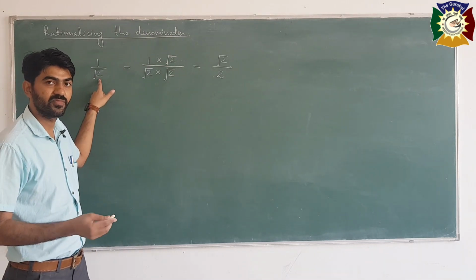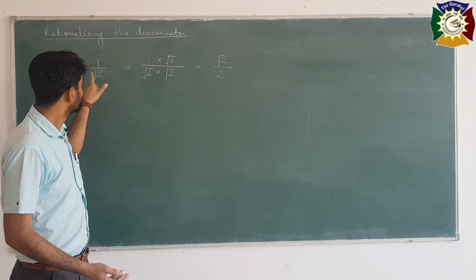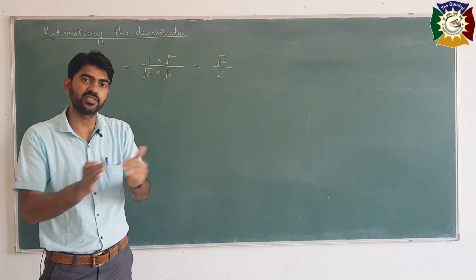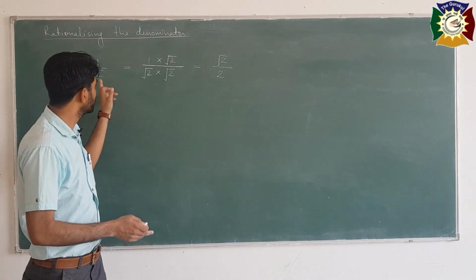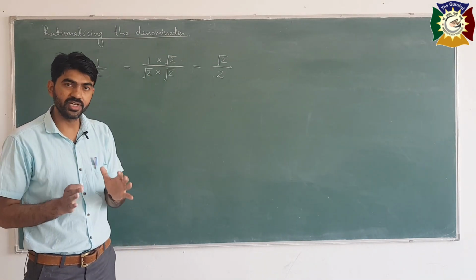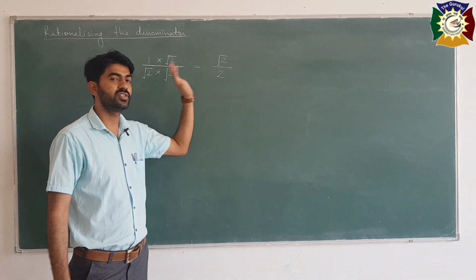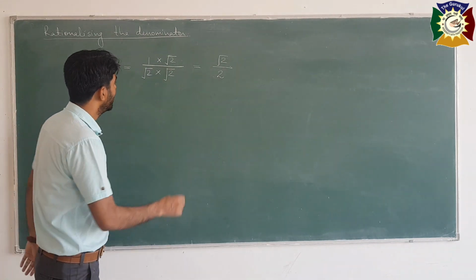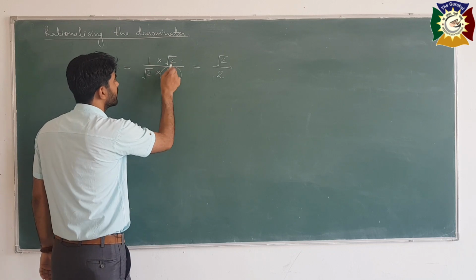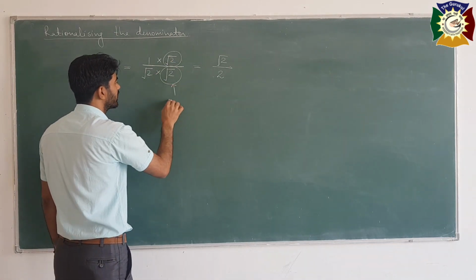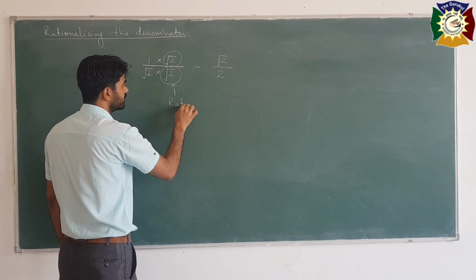Number is same, value is same. So this process of converting the denominator from irrational to rational is called rationalizing the denominator. And the number which we are multiplying is called the rationalizing factor.